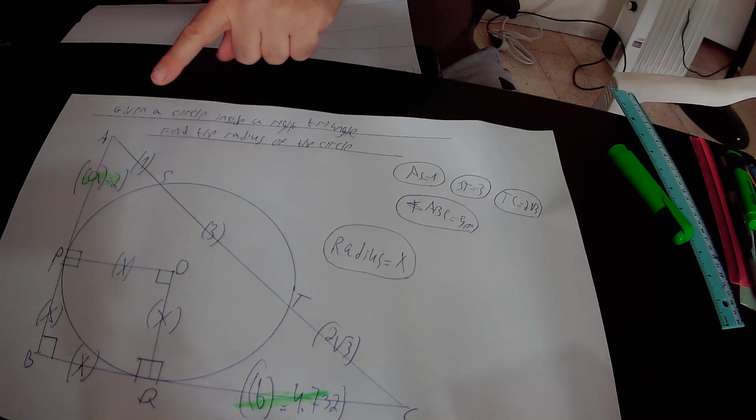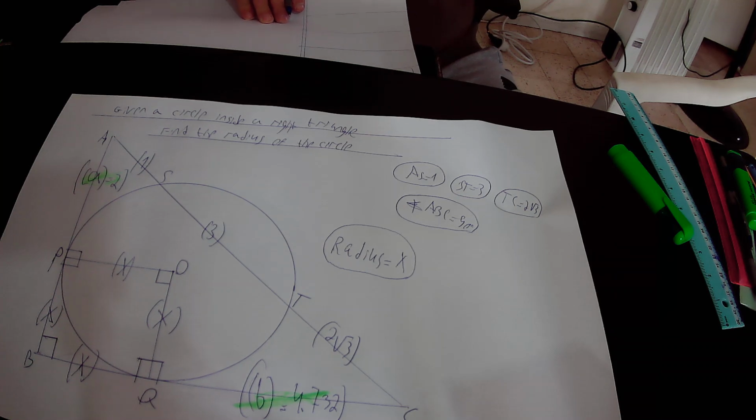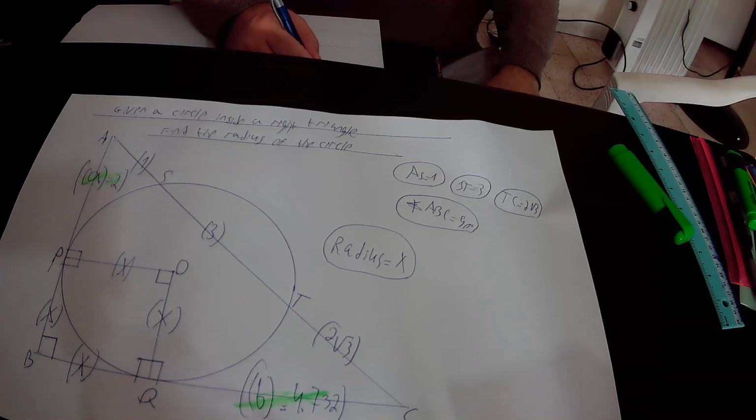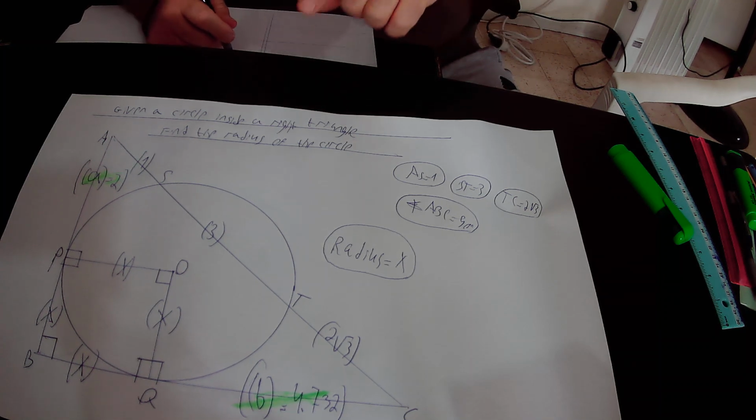AB, from the drawing it is very easy to see that AB equals x plus 2. Therefore AB square equals (x plus 2) square, plus BC square.